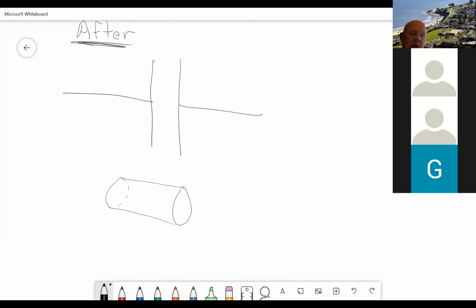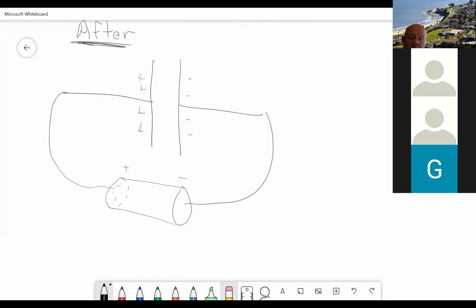Let's say this was a battery. Maybe I'll make this the minus side and this the plus side of the battery. So the little knob would be back here. And so the wire would go like this and go like this. And so this would become positive and this would become negative.